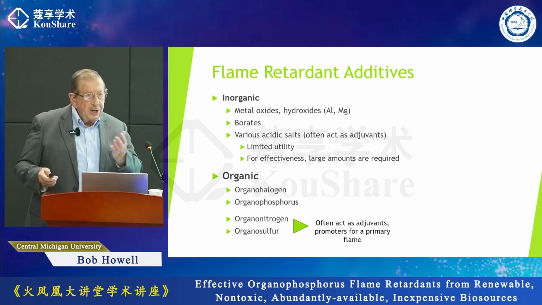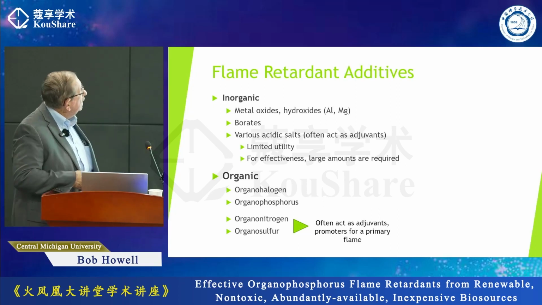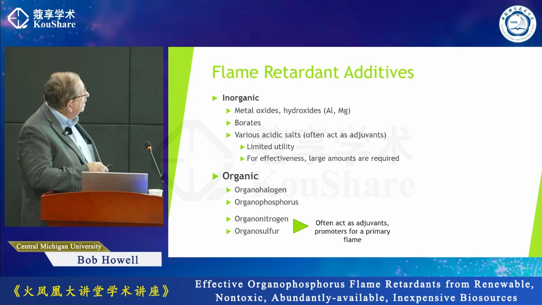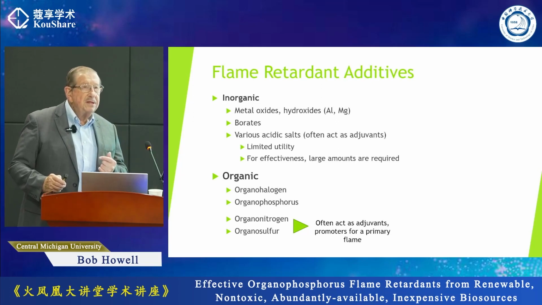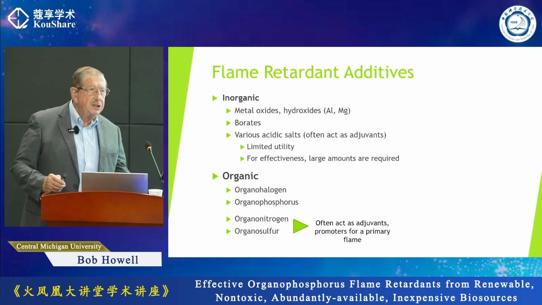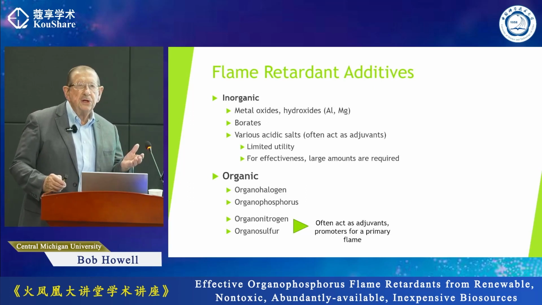Now, as you know, over the years there have been many materials used as flame retardants. Early on, particularly metal oxides and various other things have been used. One of the problems with these materials is that they generally function by liberating inert fragments to the gas phase to dilute the fuel load.